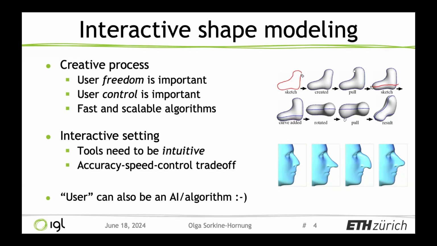But in any case, it requires some way of controlling what's happening with the shape, some handles to manipulate, or some way of accessing the shape and its modification modes. And in an interactive setting, tools need to be intuitive or explainable, maybe we would say today, somehow. So whatever the algorithm is doing should be clear to the user so that manipulations have an intuitive and predictable effect. So there are a lot of trade-offs in this space, accuracy versus speed of the algorithm.